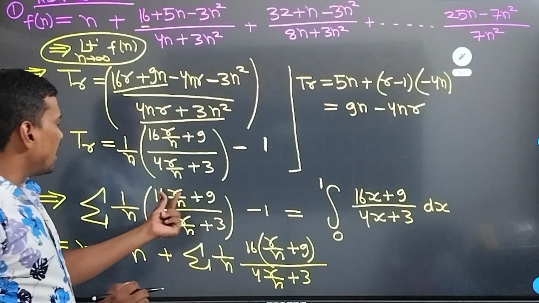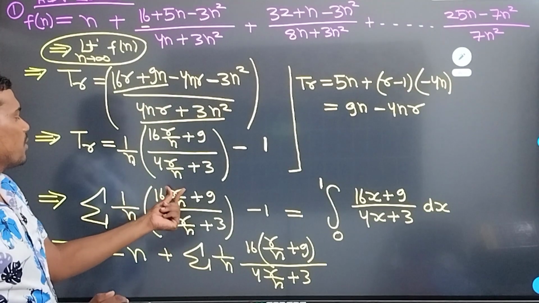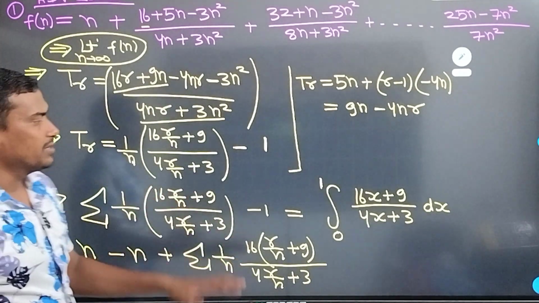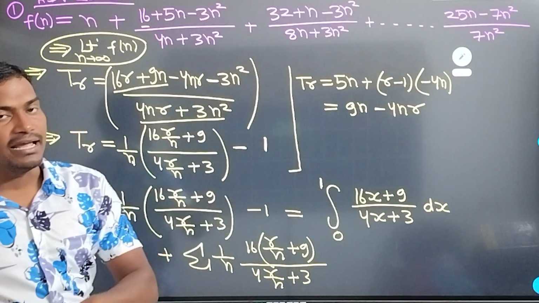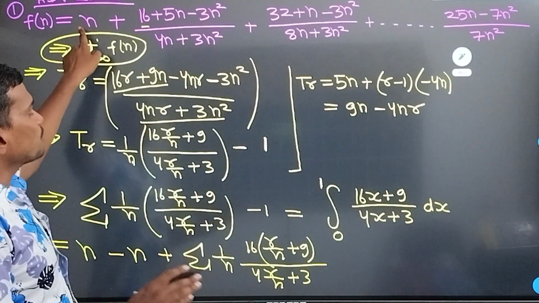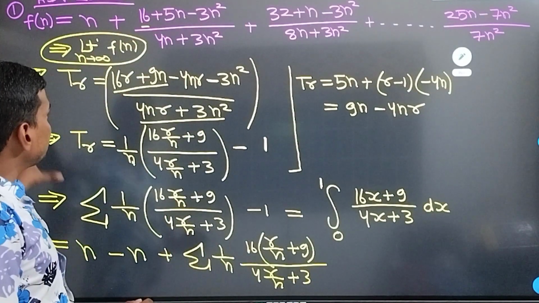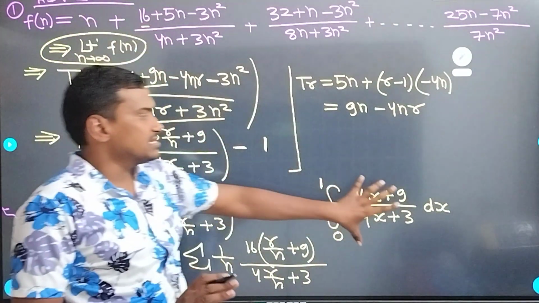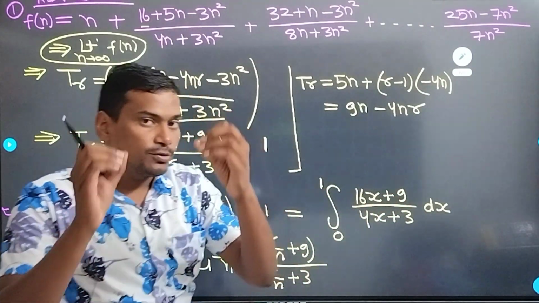If r is 1, 1 by n will be 0, and n by n will be 1. So this is the integral, and this minus 1 is going as minus n, and here you have plus n. So n minus n will be 0. So the total limit as n approaches infinity is going as this. Just solve this definite integration and that will be your answer.